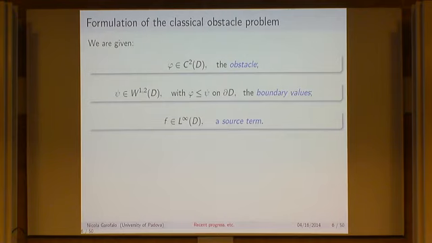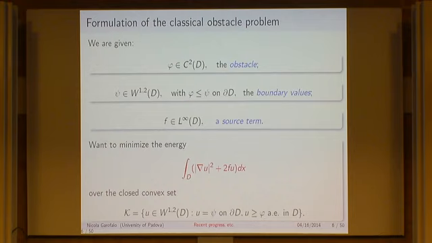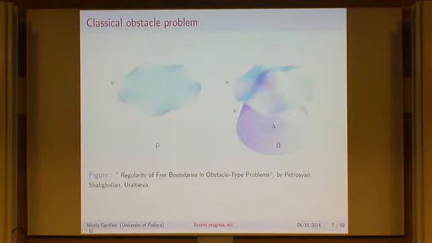Then we have a source term, a function f in L infinity, and we want to minimize the energy given there over that closed convex set. By standard methods in the calculus of variations, there is a unique solution to this minimization problem. The solution is called the solution to the classical obstacle problem.